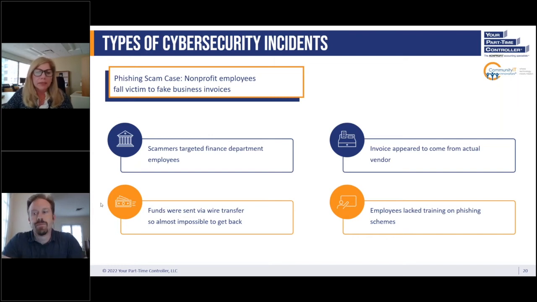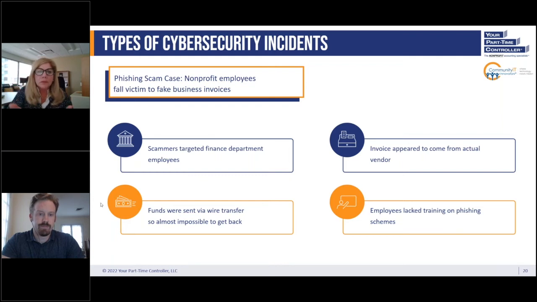In other organizations, we've seen cyber thieves infiltrate the email server and create fake invoices, such as that. We also have seen them impersonate a current valid employee and ask for a change in direct deposit to the scammer's bank account.